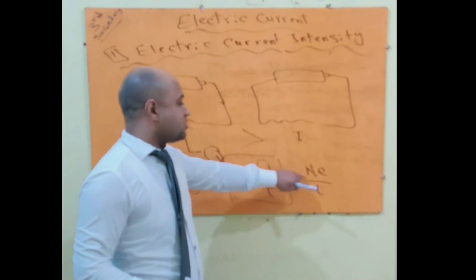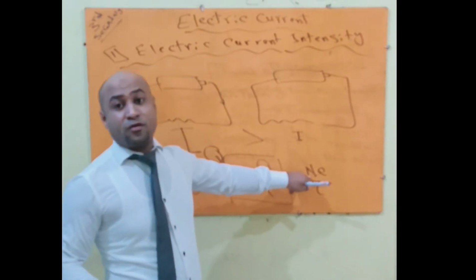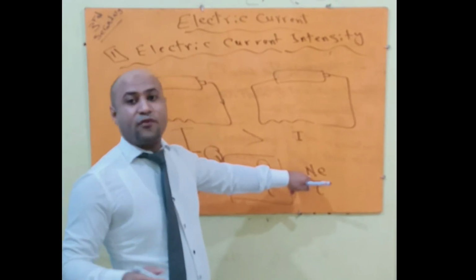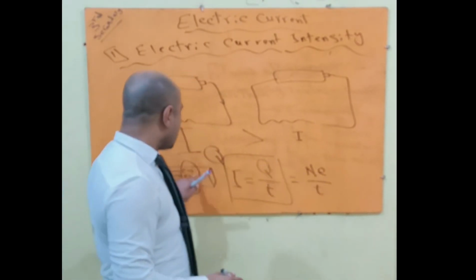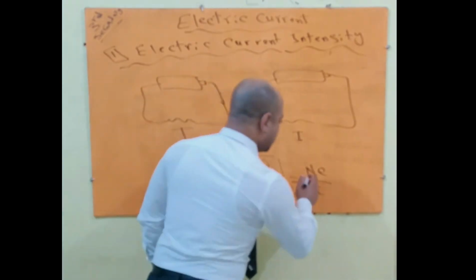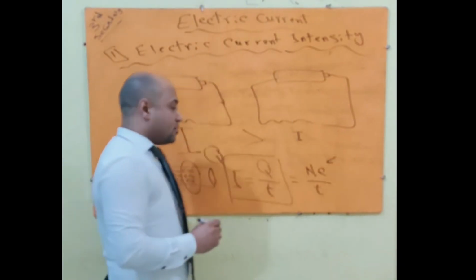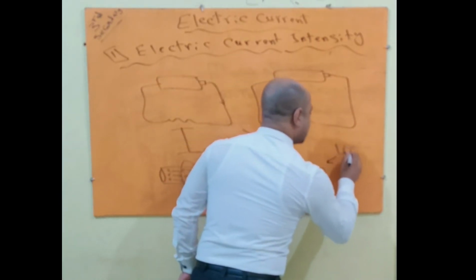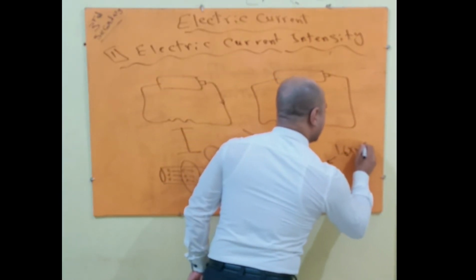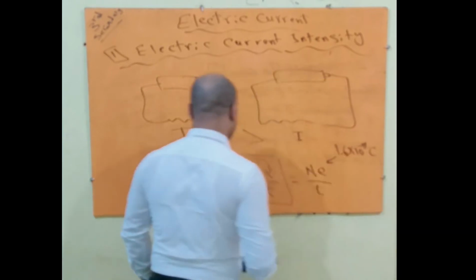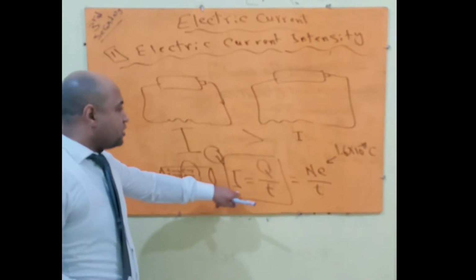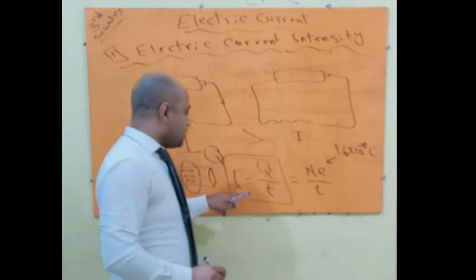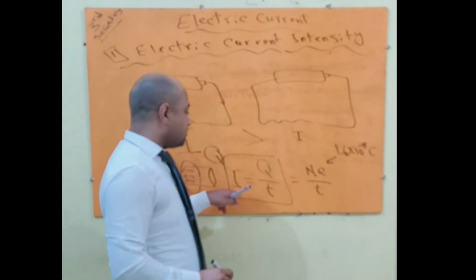So Q equals N E. N is the number of electrons that flow through the cross-section area in a conductor. E is the charge of an electron, which equals 1.6 times 10 to the power negative 19 coulomb.